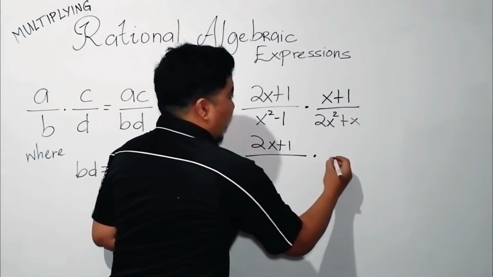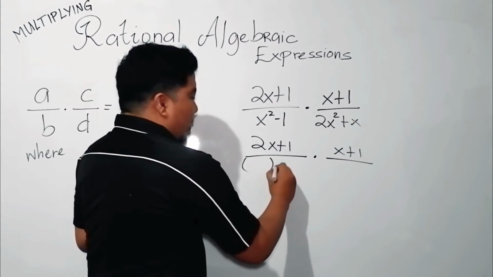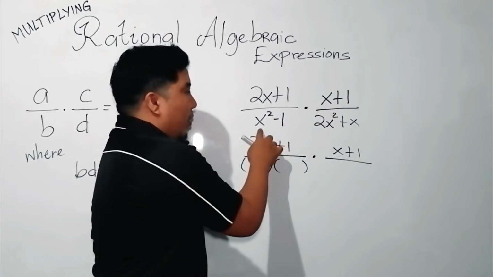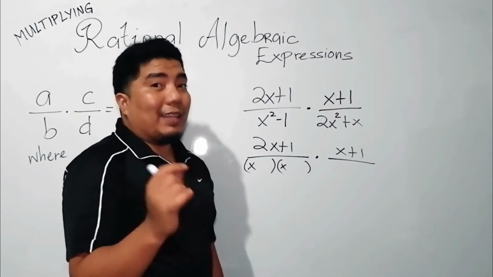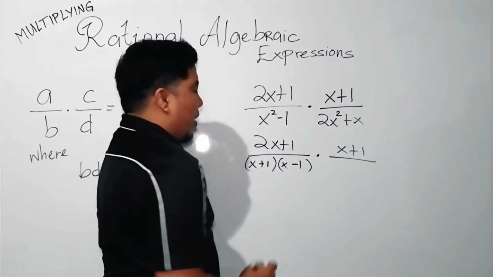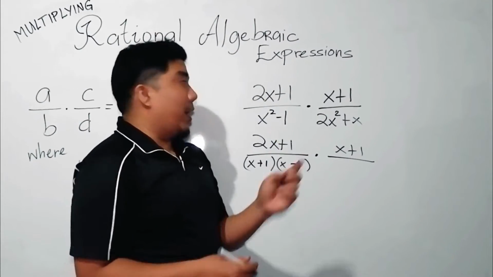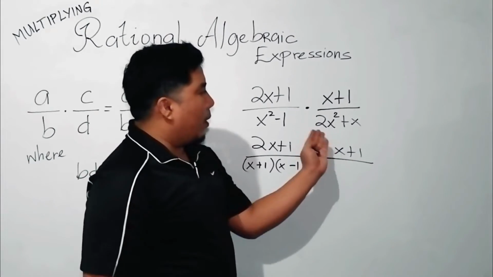We have here x plus 1. Now, we can write this as two quantities, two factors. The factors of x squared are x and x. The factors of negative 1 are positive 1 and negative 1. So, if you multiply this one, you will arrive at x squared minus 1. I hope you got that one.